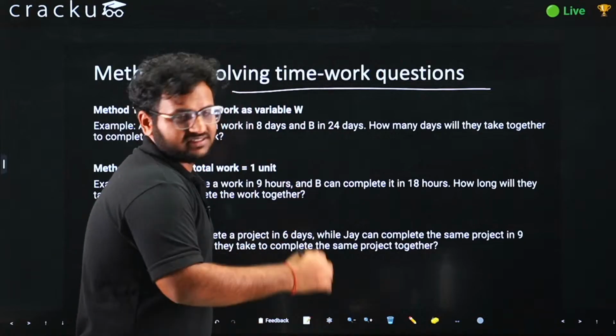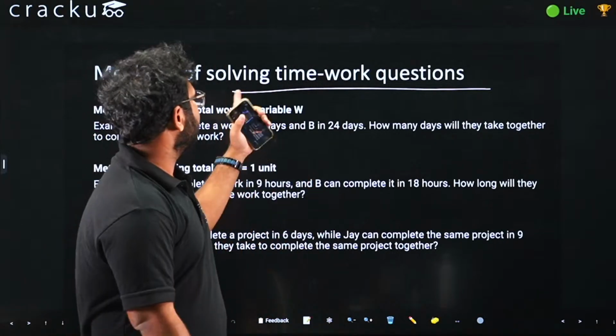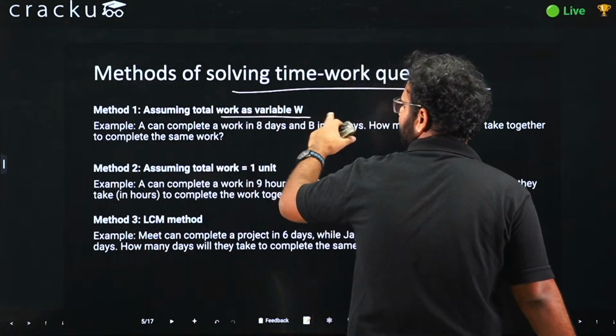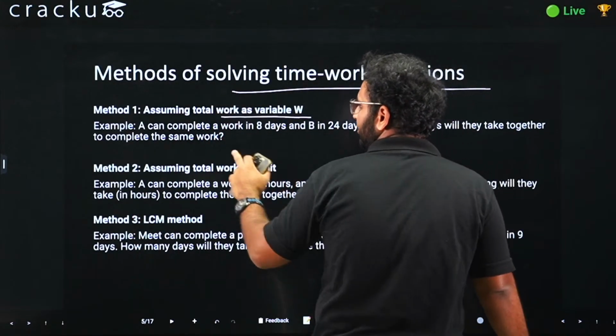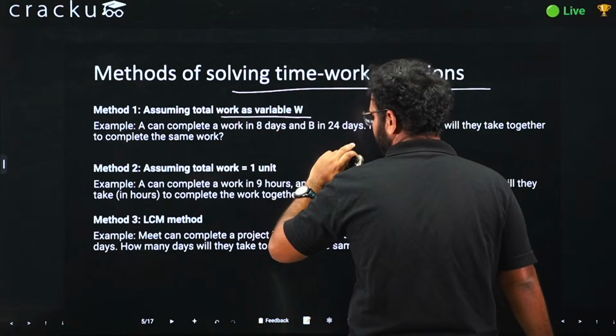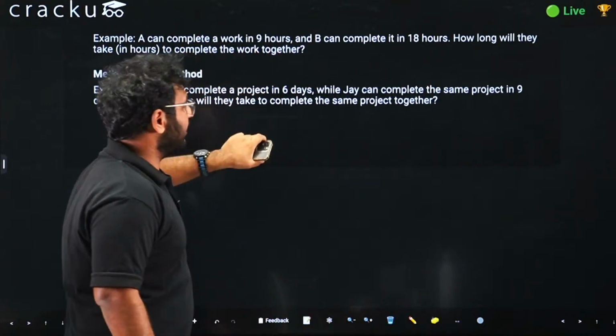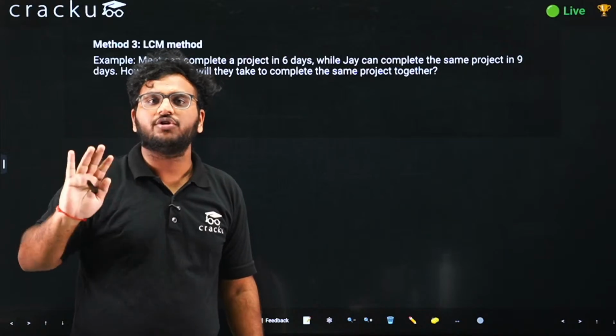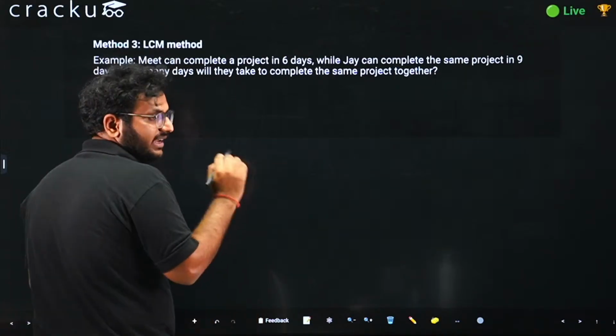Now let us look at some of the methods to solve these time work questions. Assume the total work as the variable W. A can complete a work in 8 days. Whenever there is a question on time and work, you need to create a table.